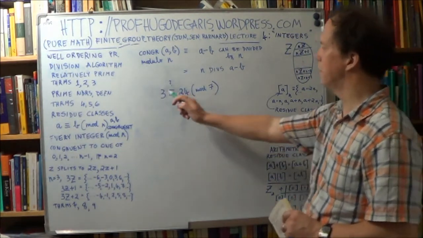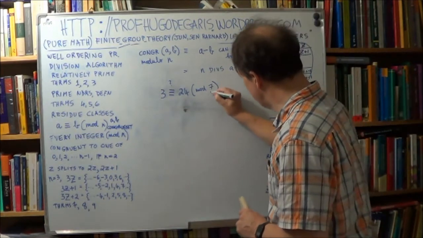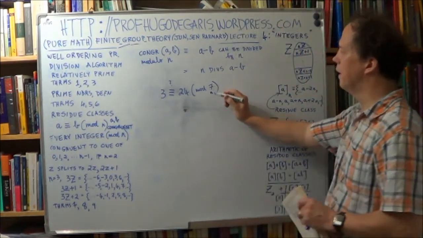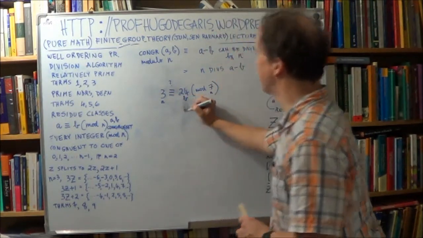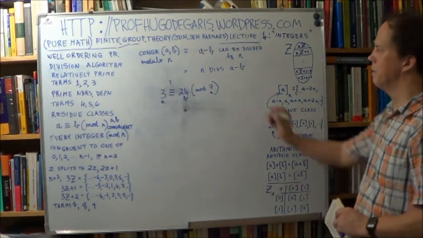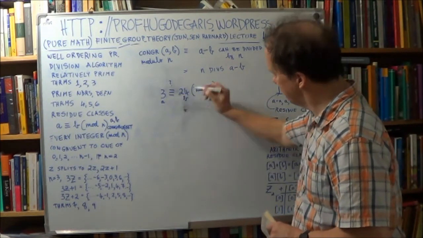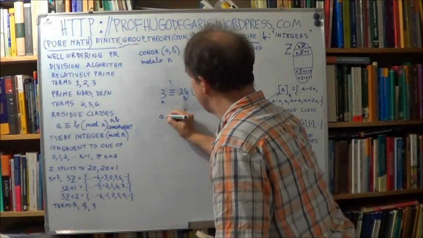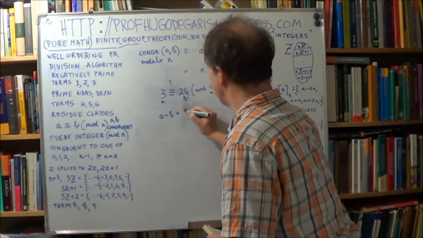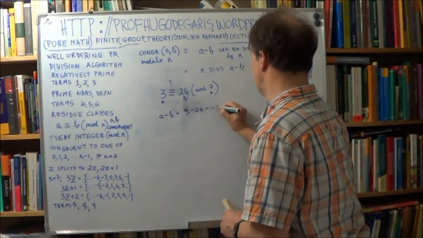Okay. So to find the answer, here's your 7. So that's your n, and that's your A, and that's your B. So you just test whether 7 divides A minus B. Well, A minus B is 3 minus 24, that's equal to minus 21.